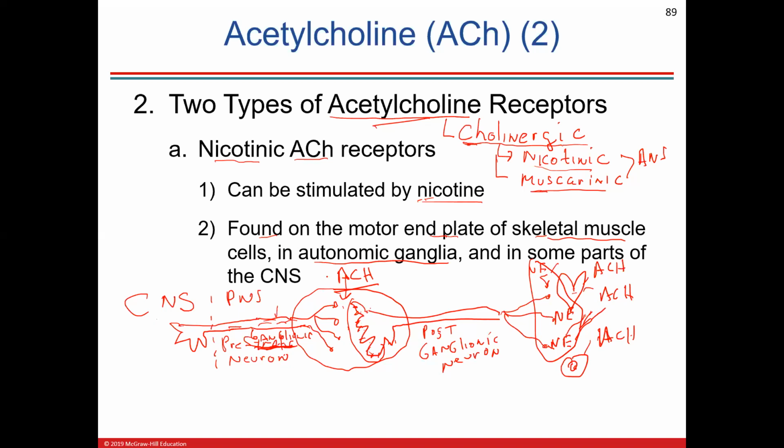But this ganglion between the preganglionic neuron and the postganglionic neuron is always cholinergic. Always acetylcholine. The first synapse always involves acetylcholine, both parasympathetic and sympathetic. In fact, these receptors right here in the postsynaptic neuron are nicotinic.